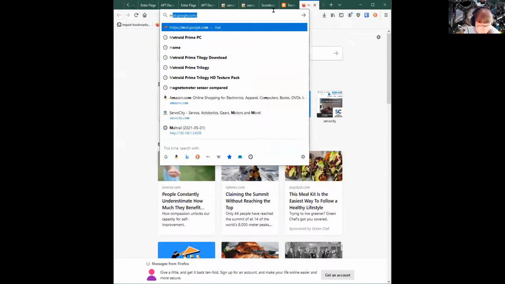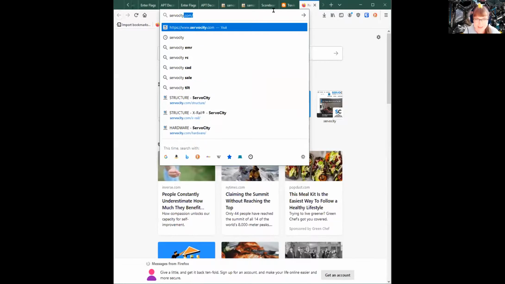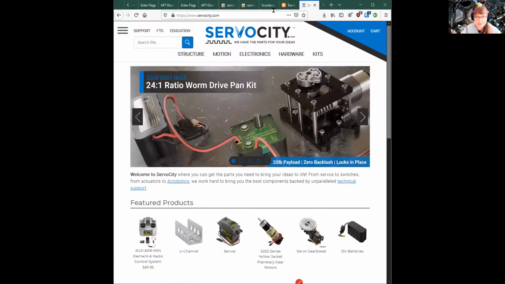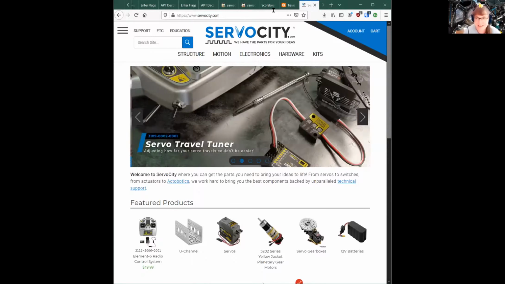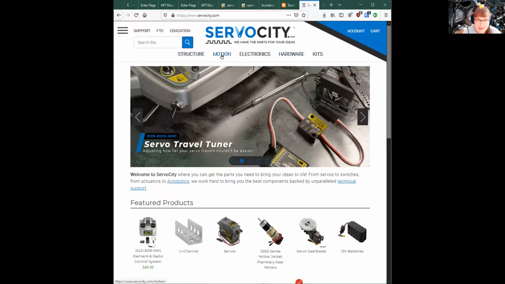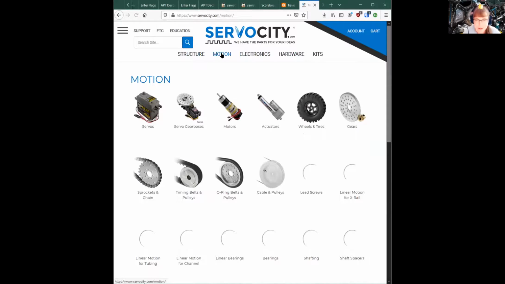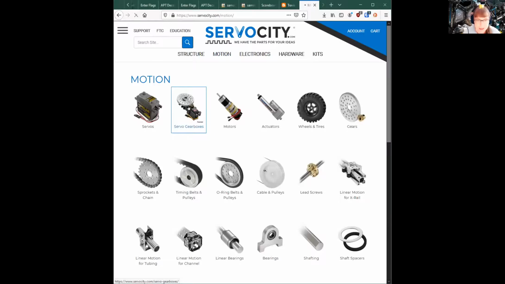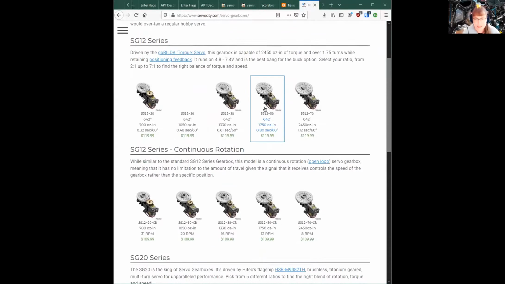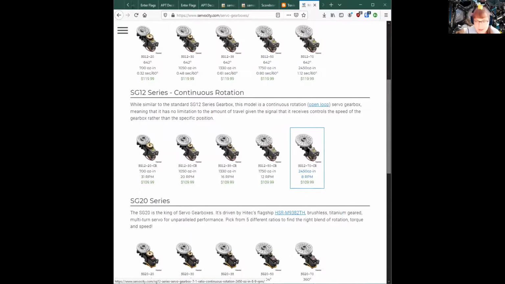So if we go to, for example, ServoCity. ServoCity is my robotics place, so I'm not paid by them, I swear. I'm not trying to sponsor them. But if I need to build a robot, I just go to ServoCity. And they have some high torque servos, servo gearboxes, all ready to go. And this is the one I'm actually using, a continuous rotation, 8 RPM, 7:1 gear ratio.